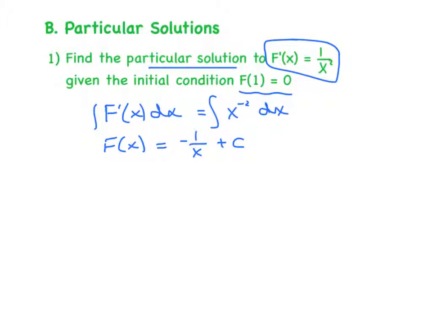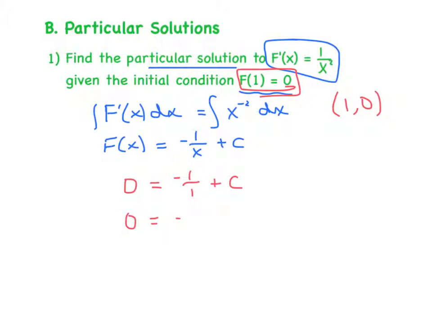Well, now, this is where the initial condition comes in. They're telling you that we know for sure that this point, (1, 0), is on the original graph of f. And so I should be able to take and replace my y value with 0 and replace my x value with 1. And now I can solve for c.